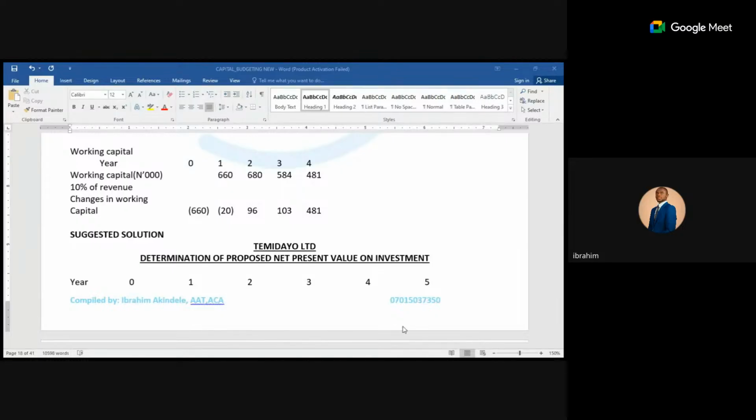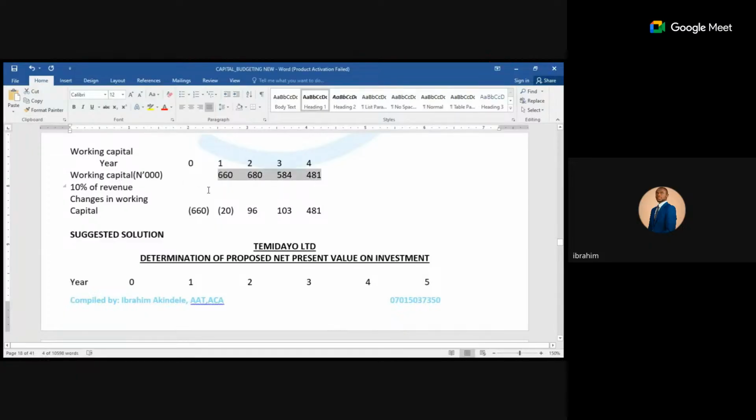If you look at this, the working capital is 10% of the revenue, right? So if you have 10% of the revenue, please pay attention.